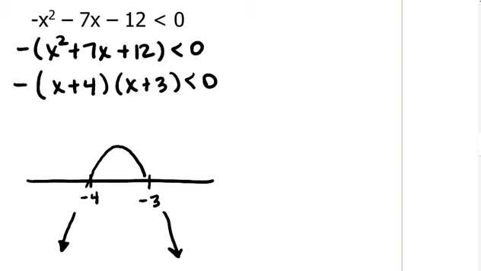All right, and so we're interested in where this thing is less than 0 again. And so I'm going to color in where it is less than 0. It's less than 0, not equal to 0, so we're not including these.